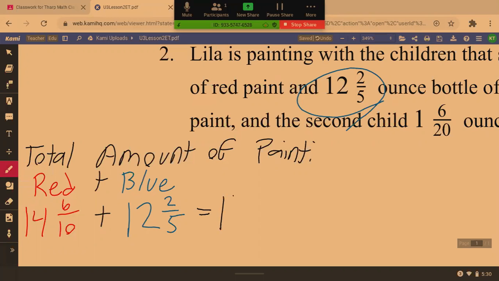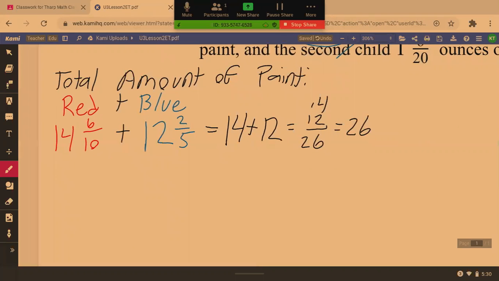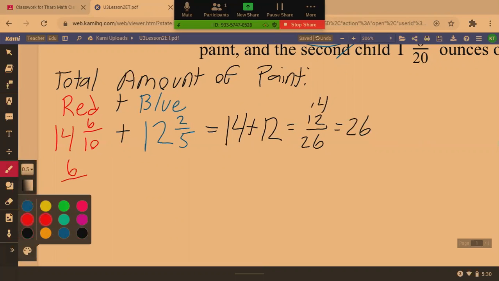So now we're going to add... common denominator.